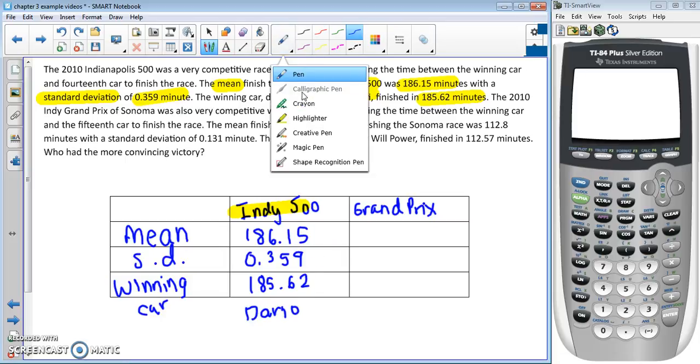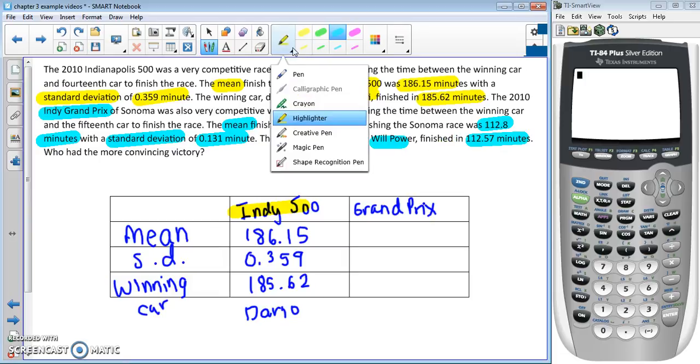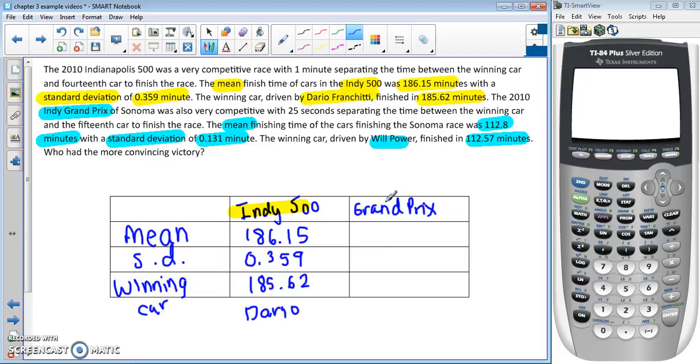So then we have the Grand Prix here, and we have that the mean is 112.8 minutes, and the standard deviation is 0.131 minute, and we have Will Power, who finished in 112.57 minutes. So you can see a little bit different things going on with those two races, and that's why we need to look at their z-scores to compare how far away they actually were from the mean.